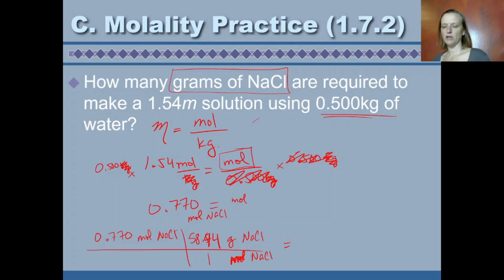And when you do the multiplication and round to 3 sig figs, it's a little bit of a trickier rounding example, so I'll go ahead and show what the calculator says. If we want to round to 3 sig figs, we bump that up, which bumps this up as well, and you end up with 45.0 grams of NaCl.